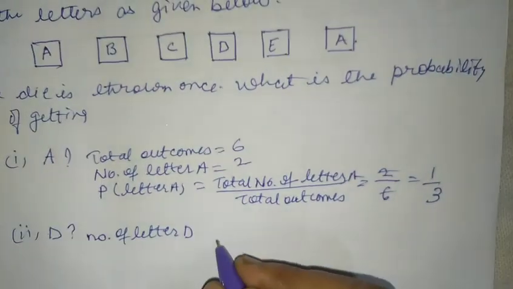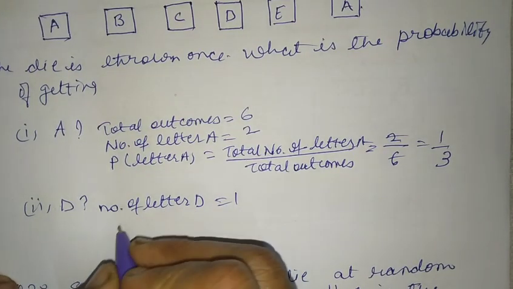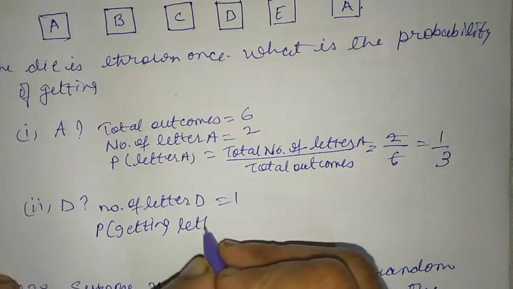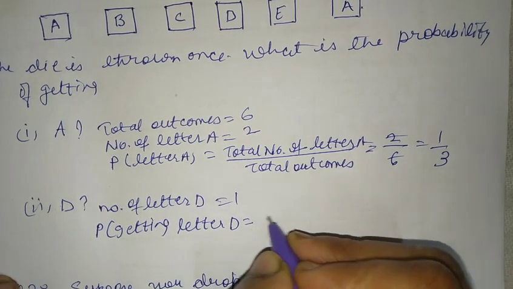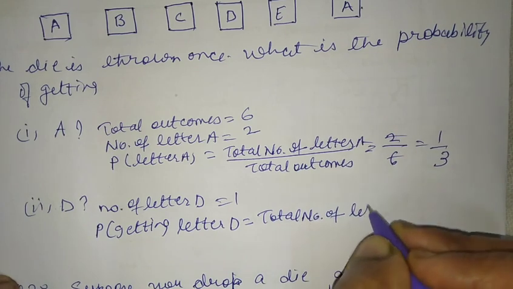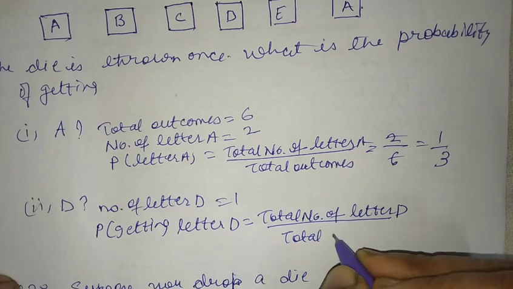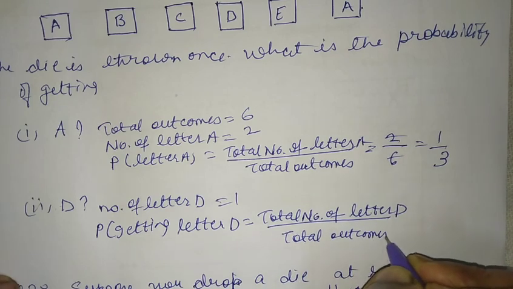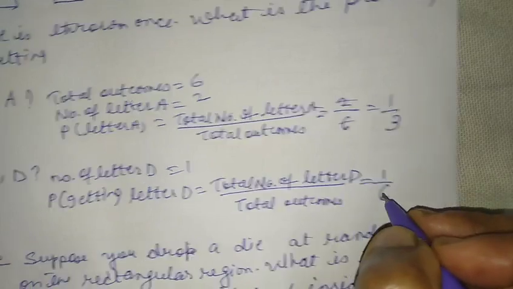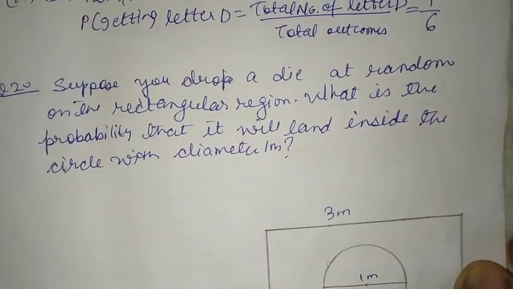So the probability of getting letter D will be equal to the total number of letter D by total outcomes. So we have D only once, so we write 1. Total outcome is 6. So it will be 1 by 6 here. This was question 19. Let's go to our question 20.